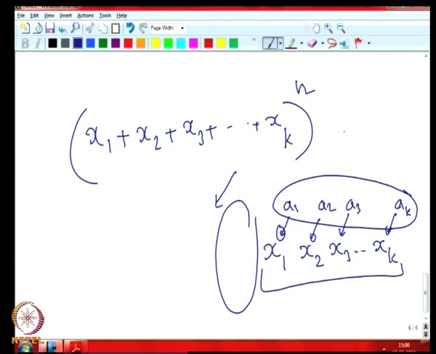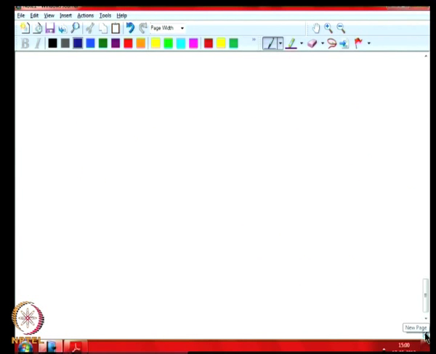Like in the binomial theorem, we have x raised to something into y raised to something with some coefficient. But here in the multinomial theorem, this kind of term with a particular coefficient will come.